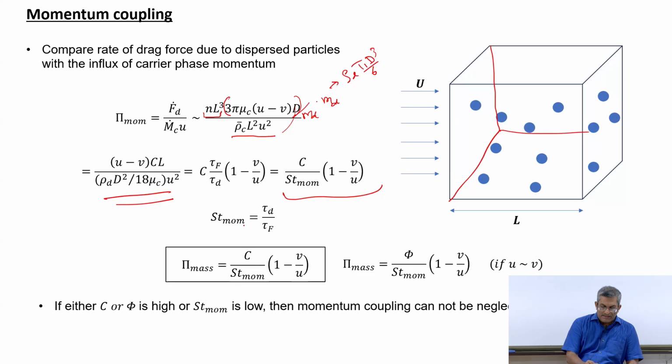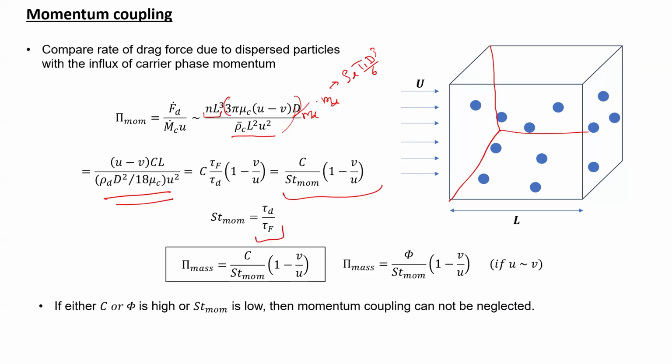And in this case, the definition of Stokes number is the general expression for Stokes number that we usually use, that is the ratio of the particle relaxation time to the time scale of the flow.